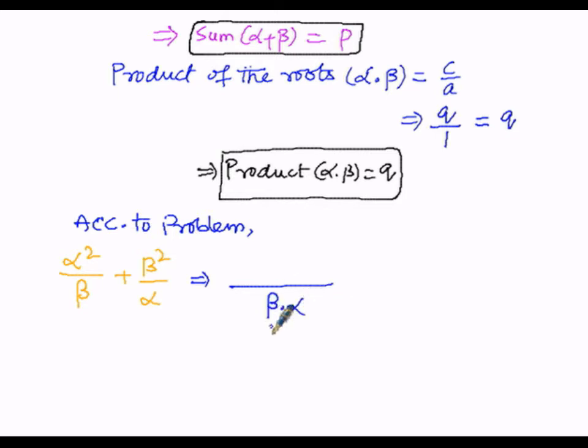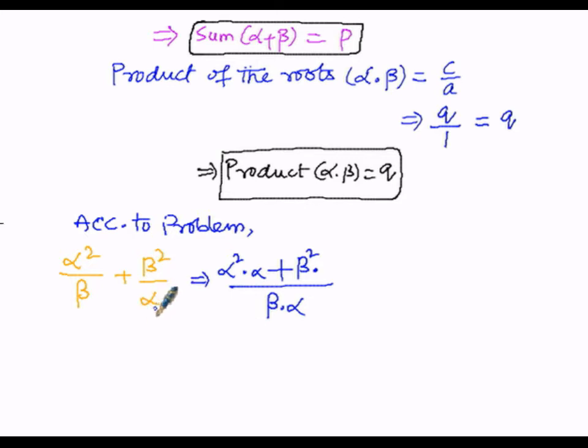When the LCM beta into alpha is divided by beta, beta and beta get cancelled. Then the numerator alpha square must be multiplied by the remaining alpha, plus the numerator beta square is copied as it is, then multiplied with the LCM beta into alpha, and the denominator is alpha.